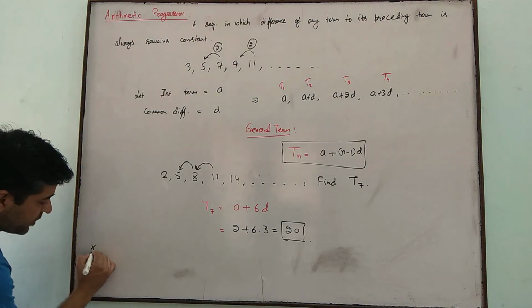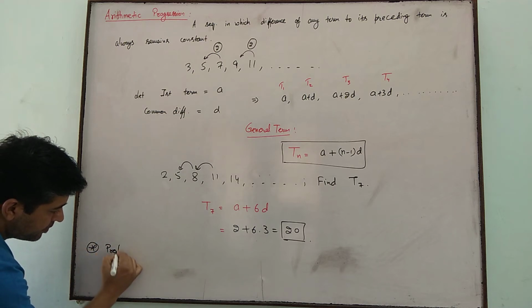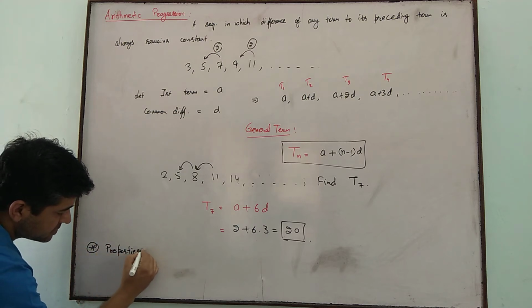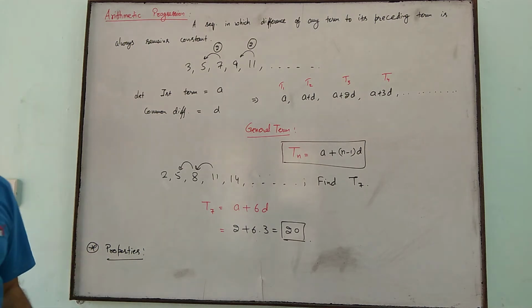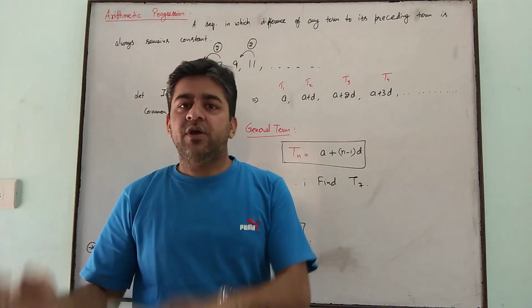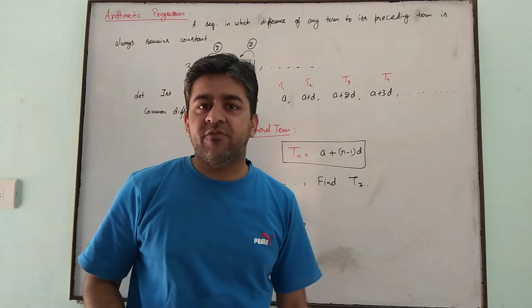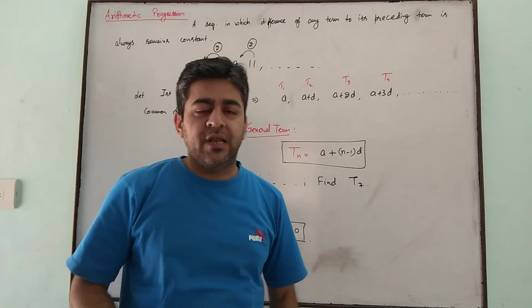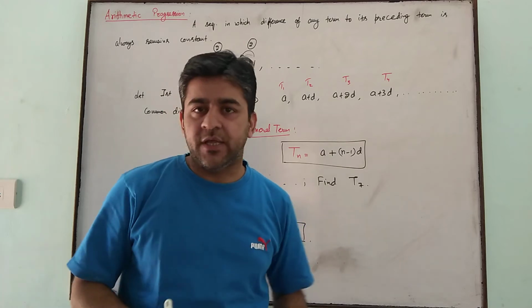Now we have the properties of AP. In the properties we have: if any AP is given and we add, subtract, multiply or divide the same number in each and every term, the resultant will always be an AP only.